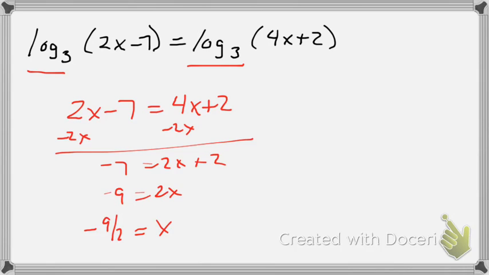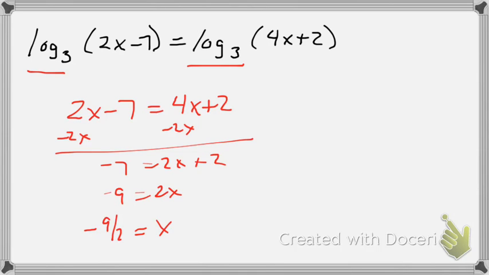As I said at the beginning of the section, you cannot take the log of a negative number. I had you take the log of a negative number on your calculator. You can't do it. So what you have to do in these type of situations is you have to make sure that the answer we get is not asking us to take the log of a negative number, because if it is, it's not going to work.